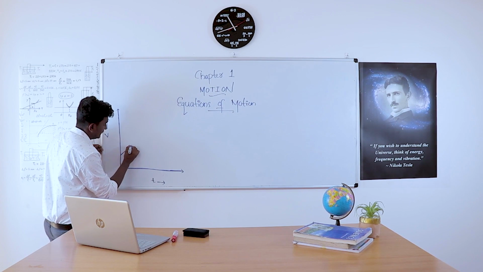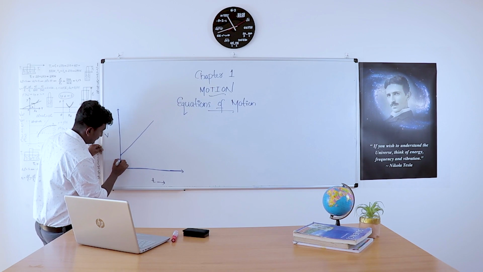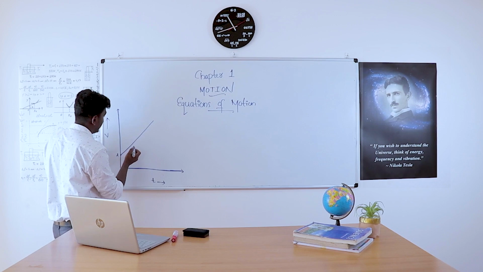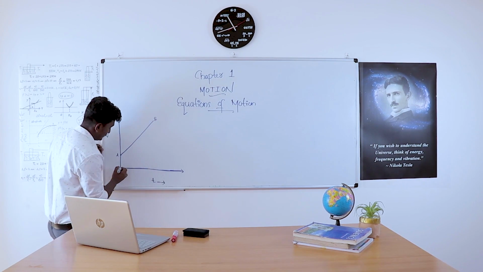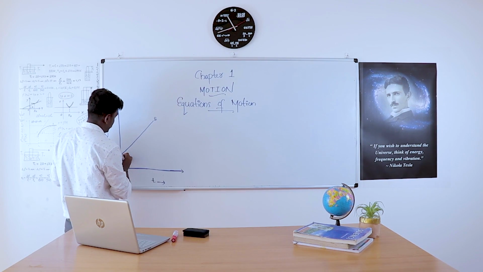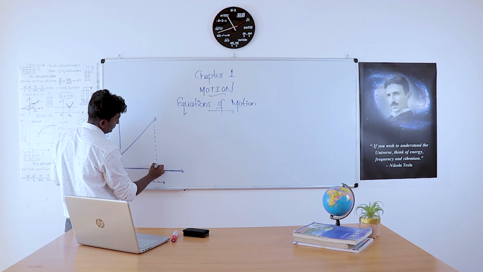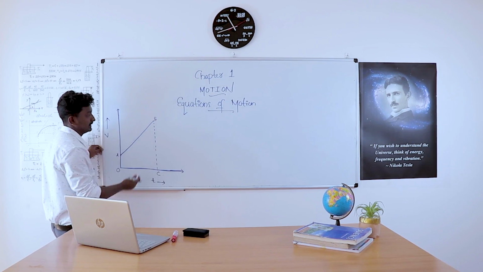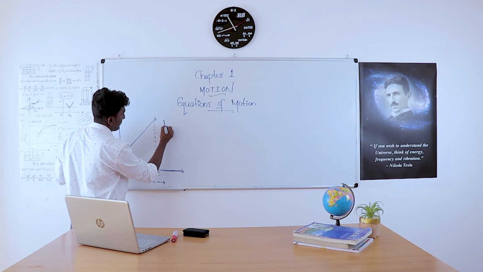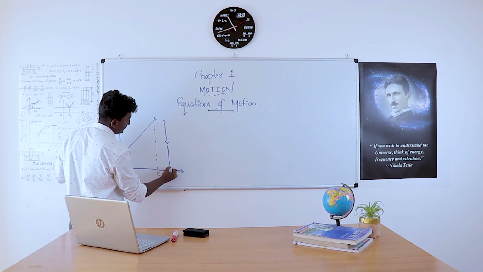The graph is not starting from the origin. The graph is starting from here. That means this value is the initial velocity. I just name the graph points A and B. This is the origin of the graph, represented as O. Taking this point as C, look, this BC is the final velocity.